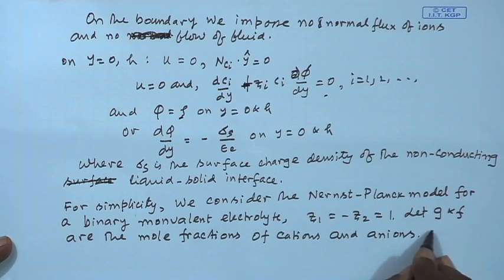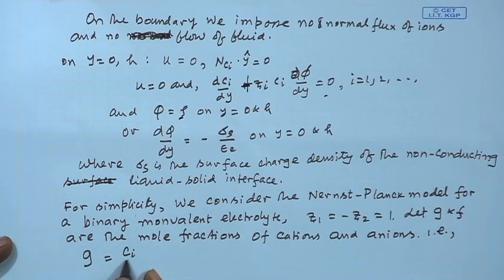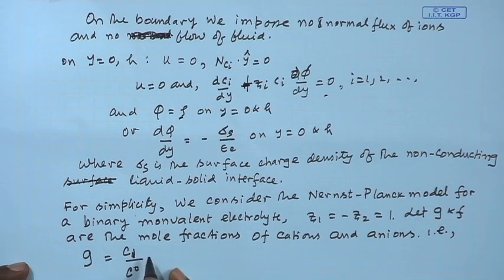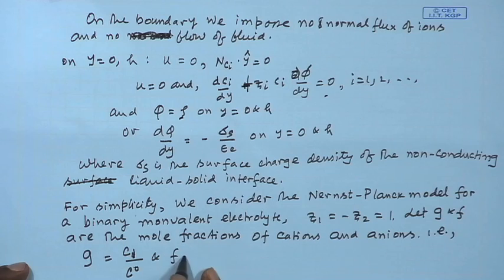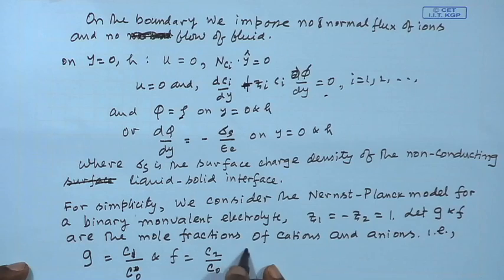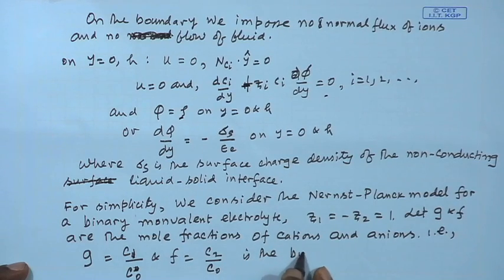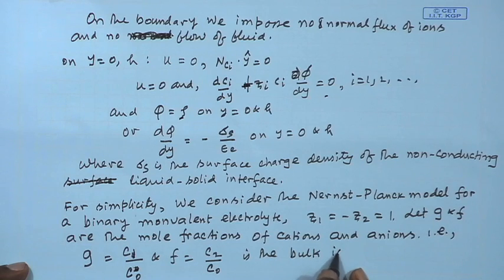What are G and F? That is G equal to C1 by C0 and F equal to C2 by C0. C0 is the bulk ionic concentration.